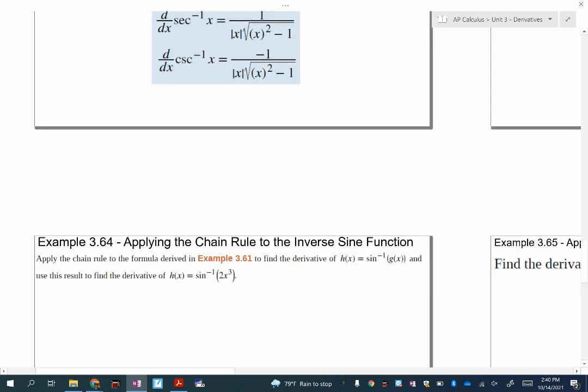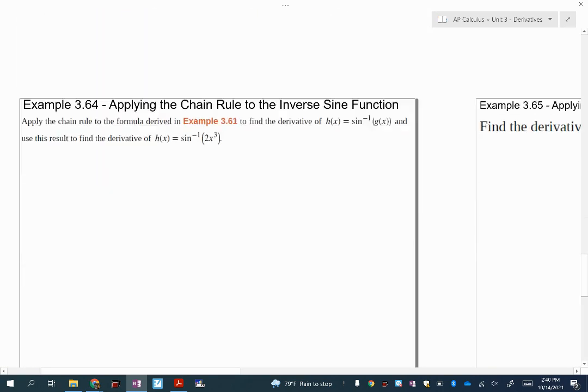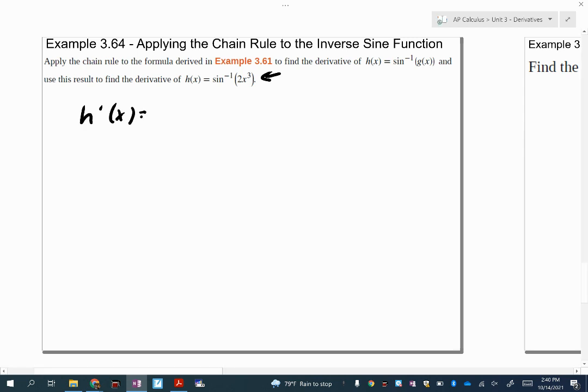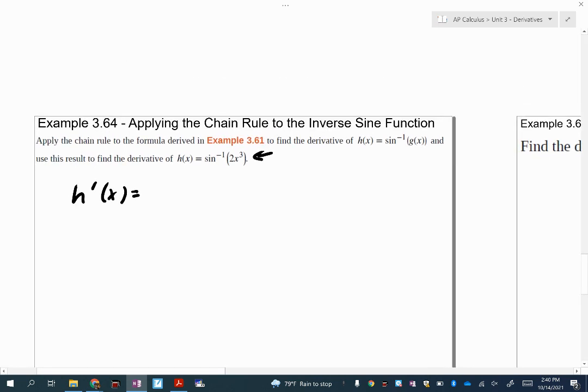All right, now let's use these in the rest of these problems. We're almost there. Keep going. We're going to apply the chain rule using this right here. Now it says to use what we just did, but I'm just going to go straight to how I would do this if I saw this on the test in this class or on the AP exam. I'm going to have this formula, so h prime of x is equal to d/dx of sine to the negative first power of 2x cubed.